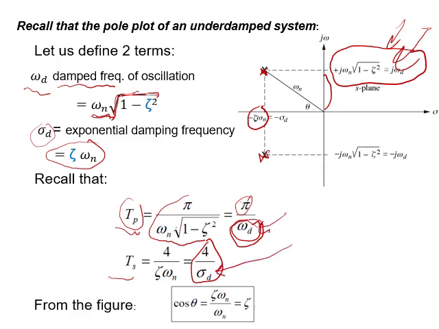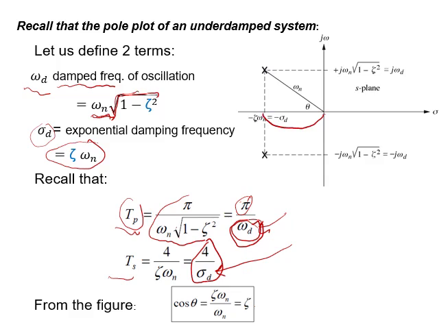One more thing we can realize from the figure is the value of zeta. Zeta is equal to this part. If you look at this one, zeta omega n, and I divide it by omega n, this is the value of omega n.